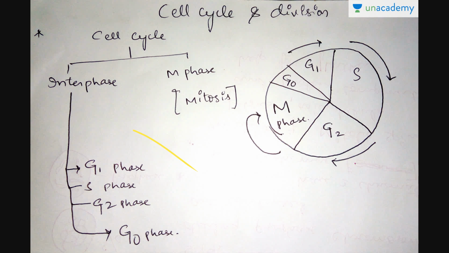Interphase has four phases: G1 phase, S phase, G2 phase and G0 phase. After the S phase and G2 phase, the cell can go directly to mitotic divisions or to meiotic divisions.